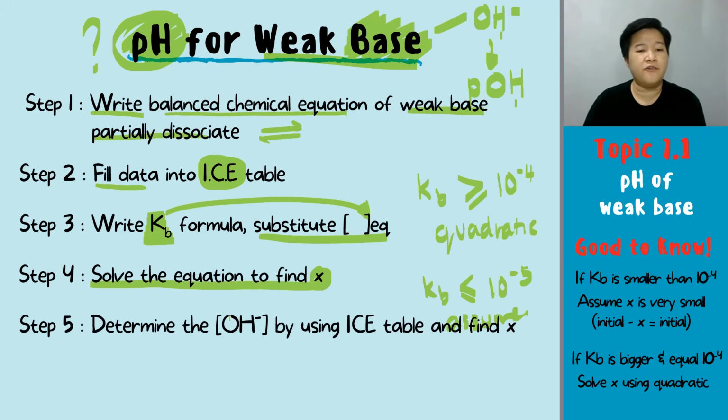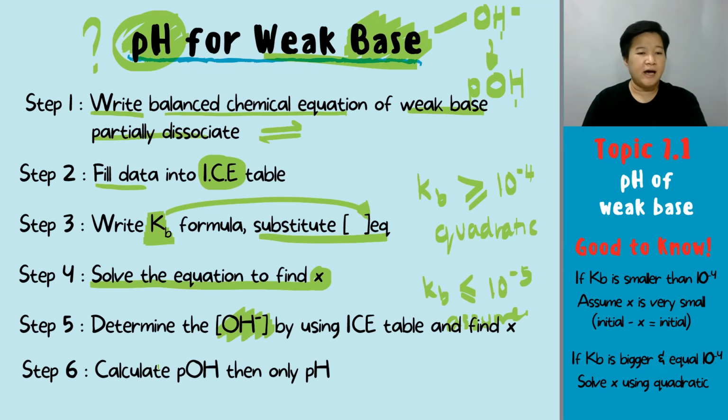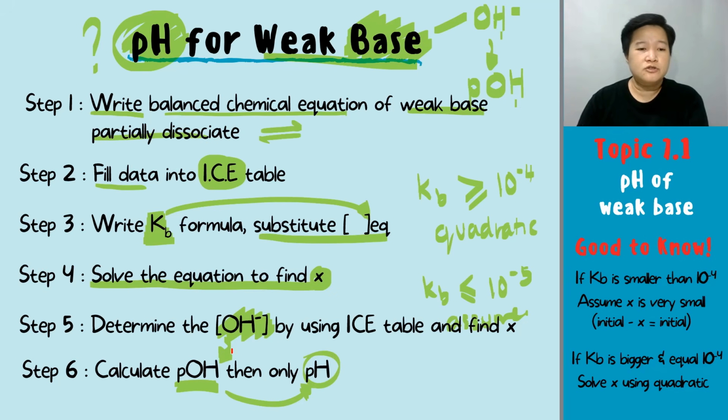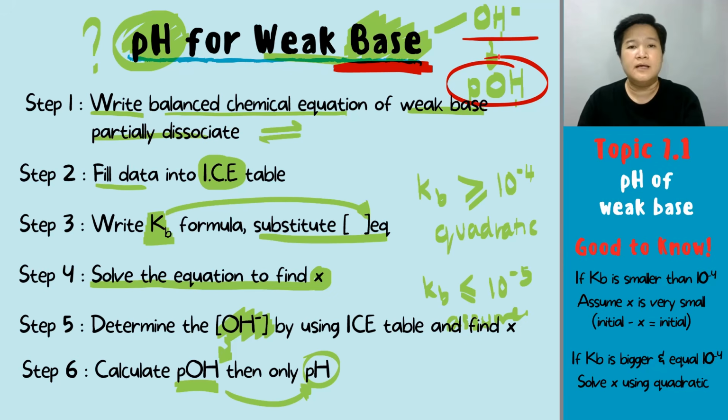Simple. From the x just now, you can find the OH minus concentration. And from the OH minus concentration, the first thing that you can calculate is the pOH. Then only can you calculate the pH value. See that? Whenever we are talking about a base, make sure you calculate the pOH first, because in a base we have OH minus rather than H plus.